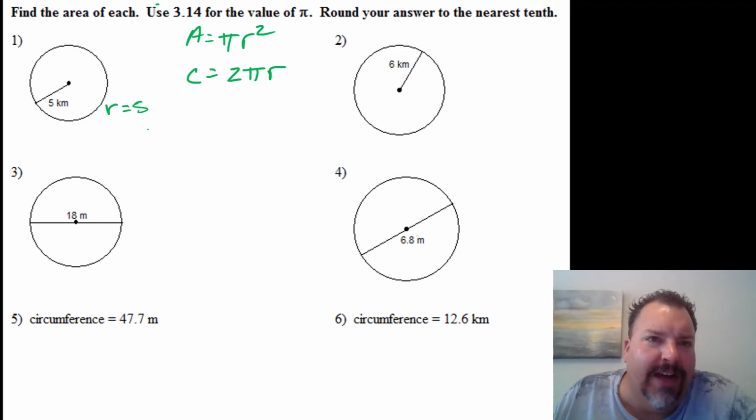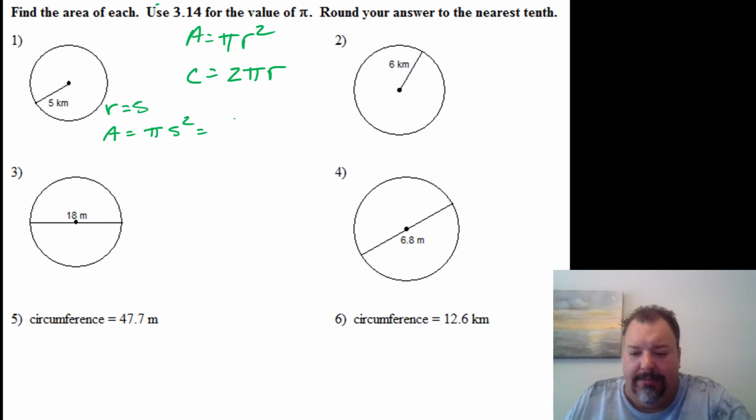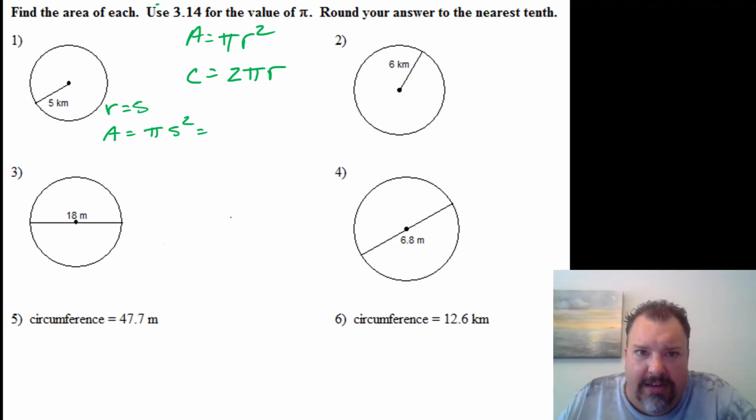The radius here would be 5. We plug it into our area formula. We're going to have area is equal to pi times 5 squared, or pi times 25, which comes out to 3.14 times 25, 78.5 kilometers squared. Again, we're doing area.